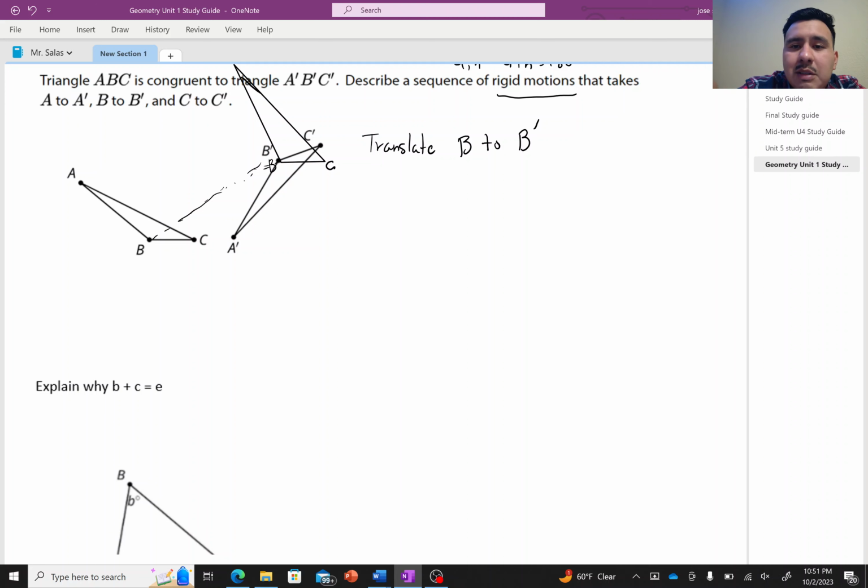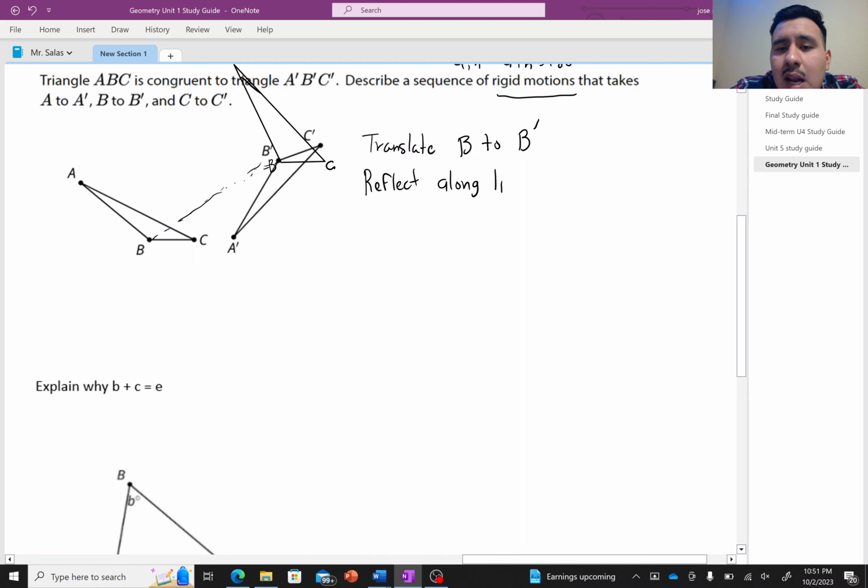So that's my next step: reflect along line BC. So that means I'm taking this triangle here and I'm flipping it so that it looks now like this.